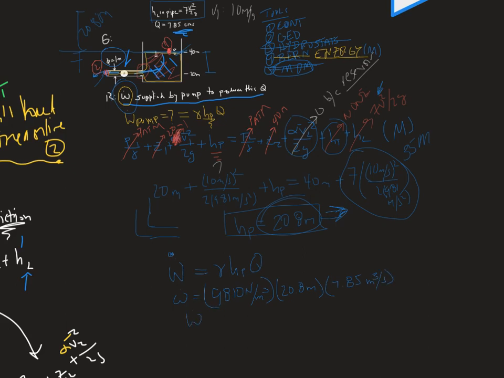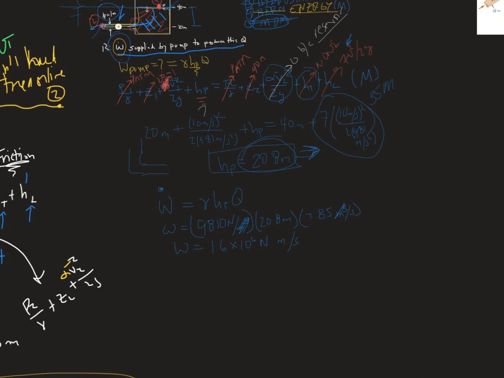Okay, so W dot equals 1.6 times 10 to the 6th. Now we have to keep track of our units here. Meters cubed, get back to the original. Newtons times meters per second.